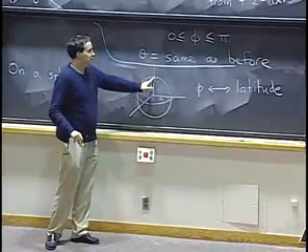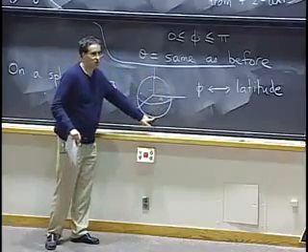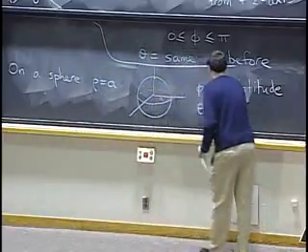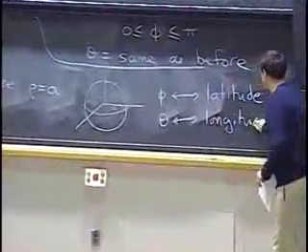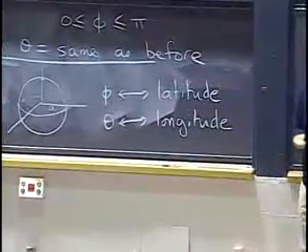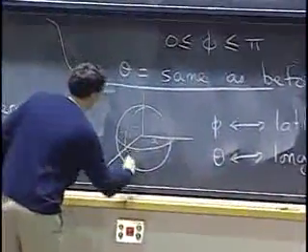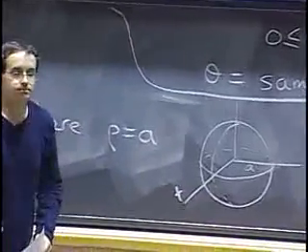Here you measure latitude starting from the North Pole, which is at 0, increasing all the way to the South Pole, which is at pi. And theta, you can think of as longitude, which measures how far you are east or west. So the Greenwich meridian would be here, now the one on the x-axis. That's the one you use as the origin for longitude.